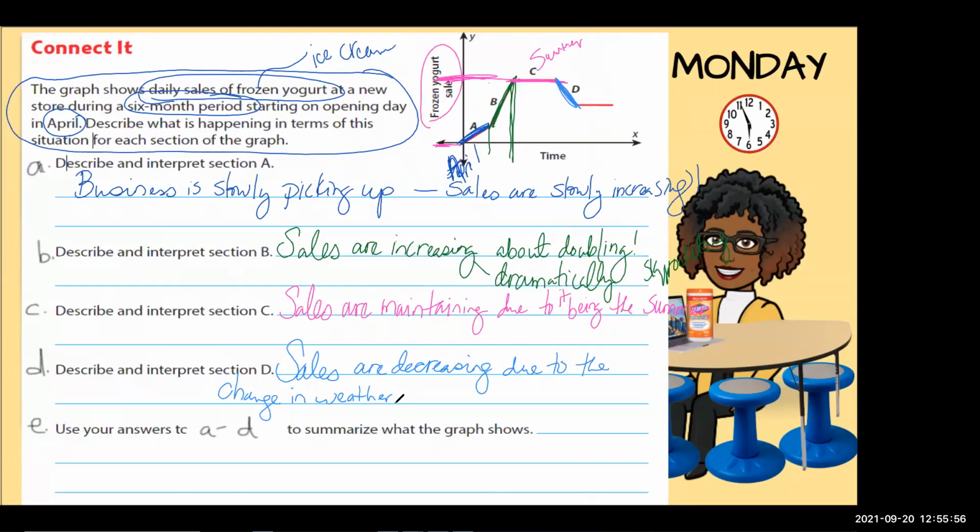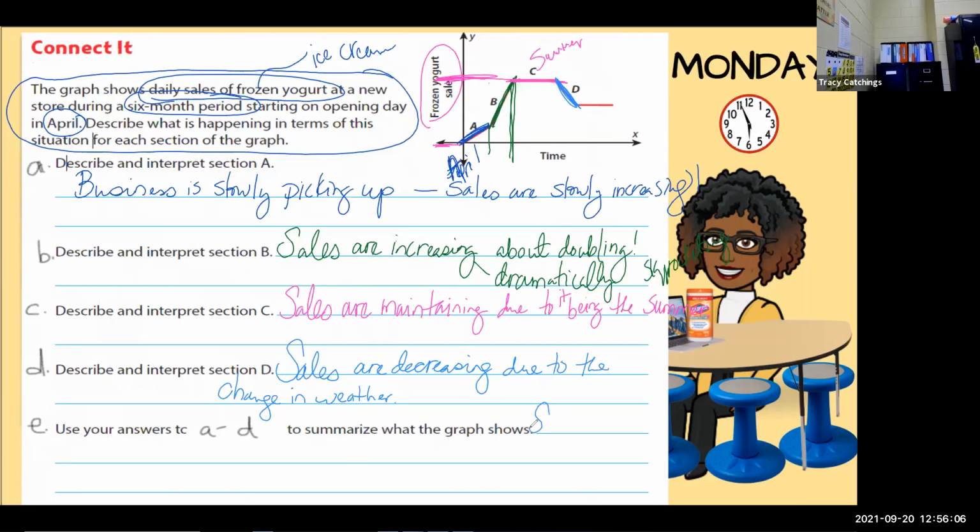It shows how at the beginning of April, how they start, how they increase, then over time the weather changed, they started decreasing. All right, so sales are increasing with the weather, and then they decrease with the weather.